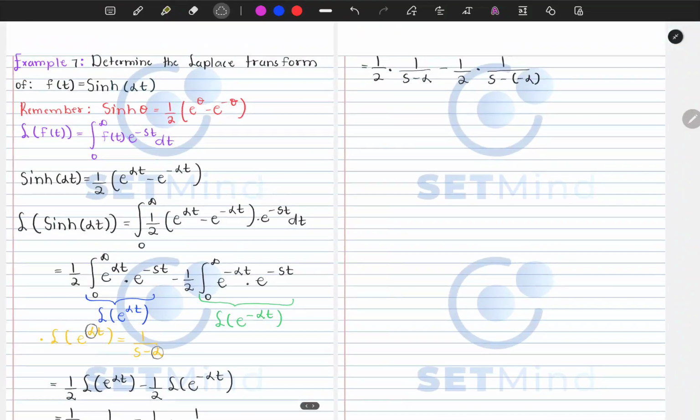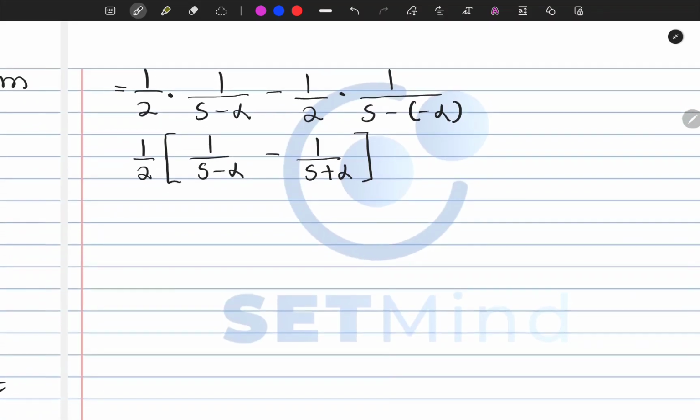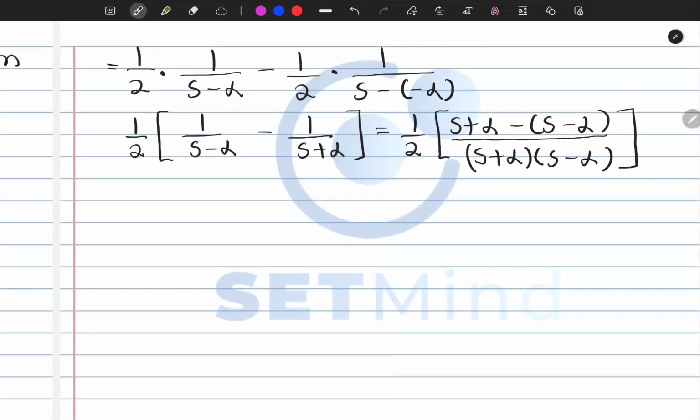I can factor out the 1 over 2 because it is common, and I'm left with 1 over s minus alpha minus 1 over s plus alpha. We can make a common denominator here, multiplying by the respective terms on the numerator, s plus alpha and s minus alpha, divided by the common denominator, s plus alpha times s minus alpha.